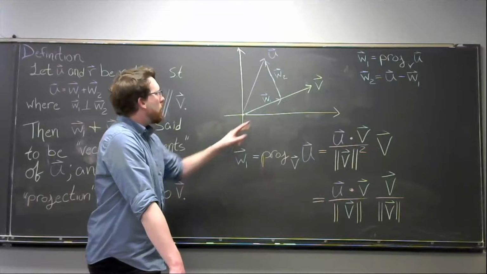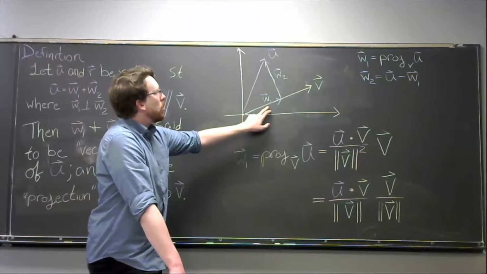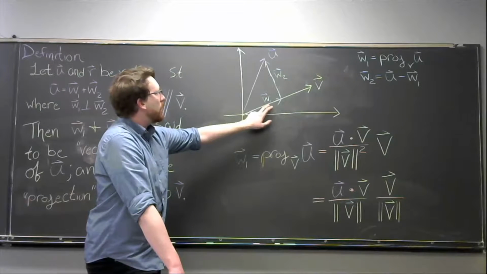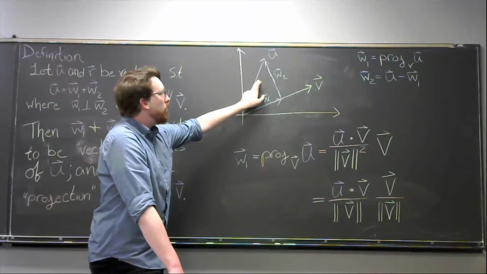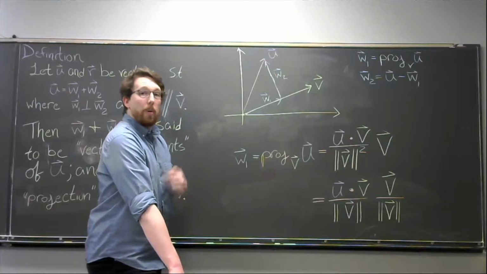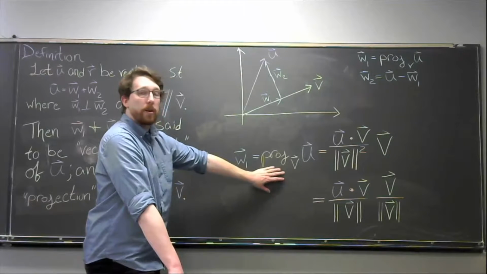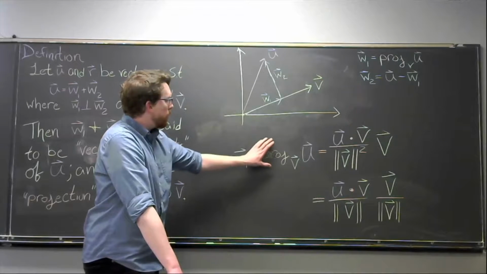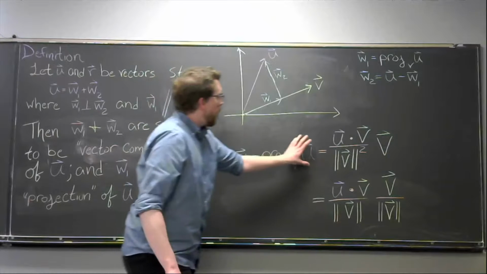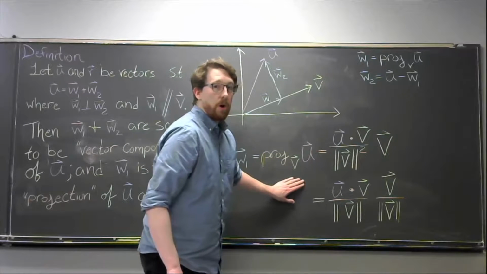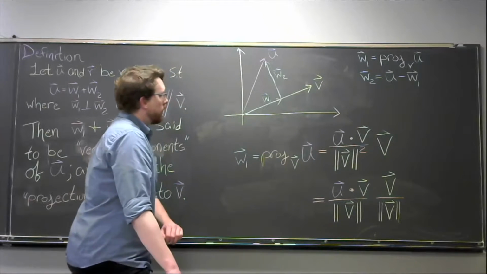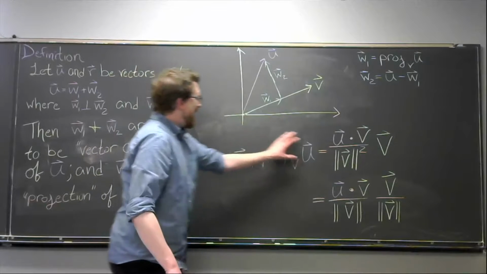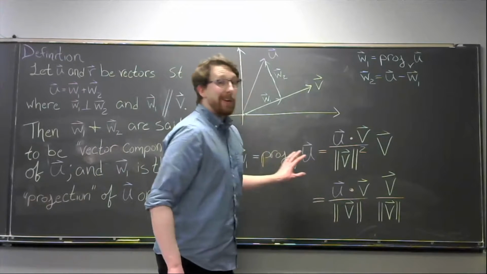How do we find it? How do we find w1? How do we find the projection of u onto v? Well, to find it, we apply the following formula here. We've got that w1 is equal to the projection of u onto v. And this thing is going to be equal to a mess.